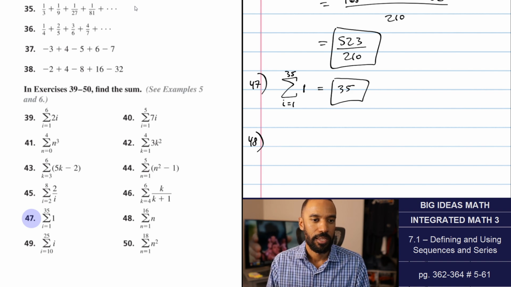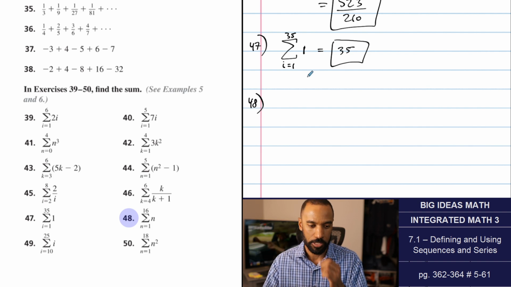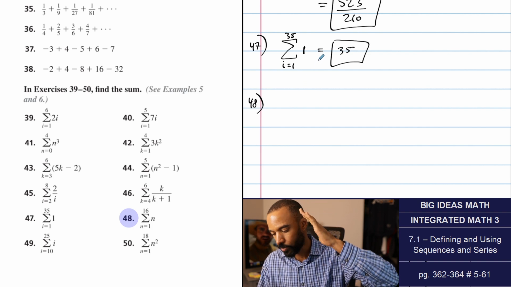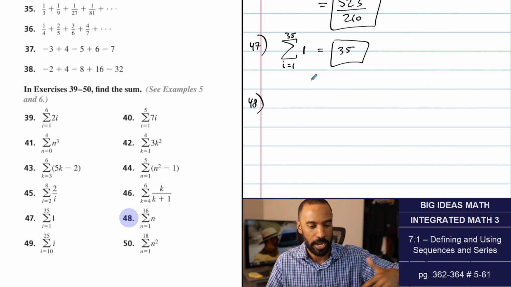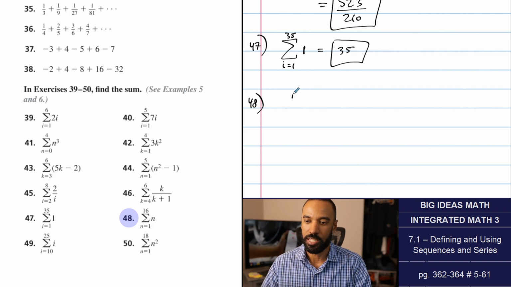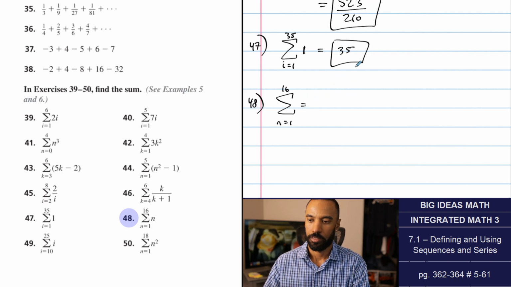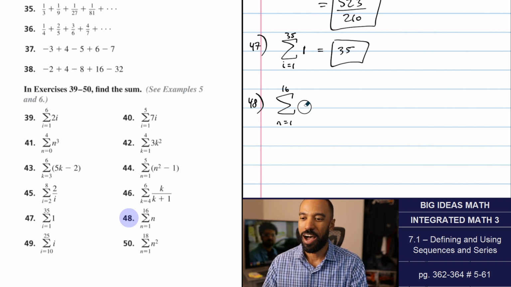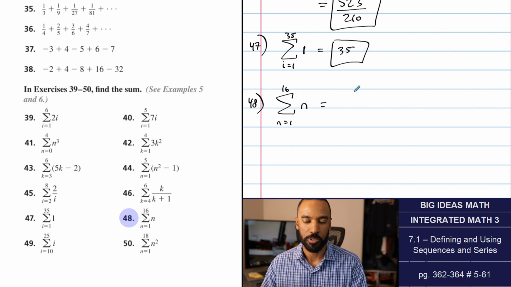Number 48 is you're adding 1 to 16 for the first n positive integers. You're doing 1 plus 2 plus 3 plus 4, etc., all the way up to 16. So that formula in general, right? That's substituting 1 plus 2 plus 3 plus 4.